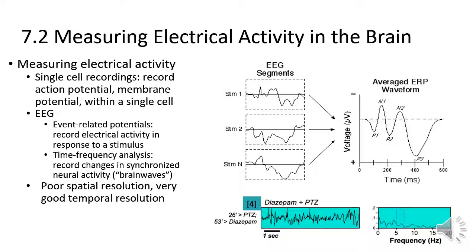At 5 hertz, this means that the neurons are firing 5 times within 1 second, for example. So all these neurons are firing together 5 times every 1 second. And that is useful for things like sleep and changes in consciousness, changes in attention, things like that.